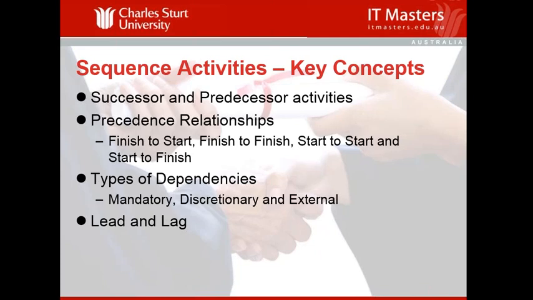We have a concept called leads and lags. So a lead is where the activity will have a time that's described as a lead, and that means that you can actually start something before the predecessor finishes. So you've got this much time.